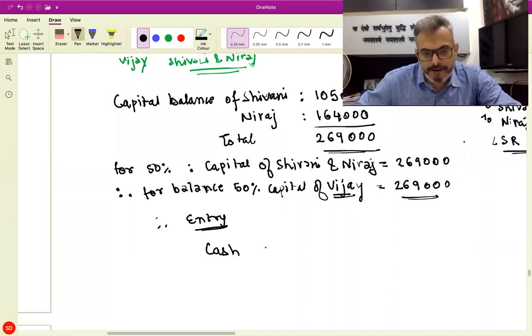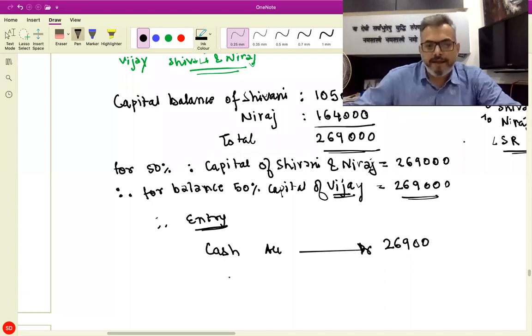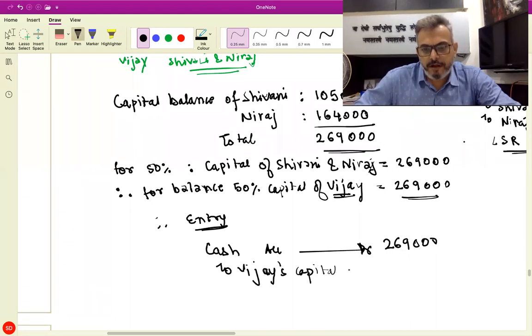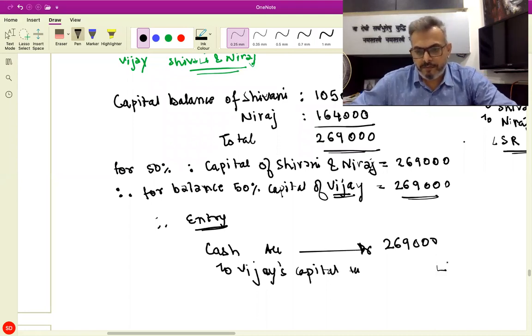Cash account debit 2,69,000 to Vijay capital account 2,69,000.